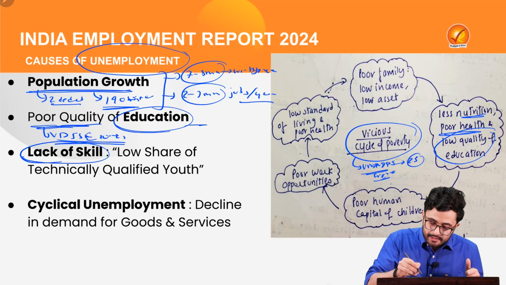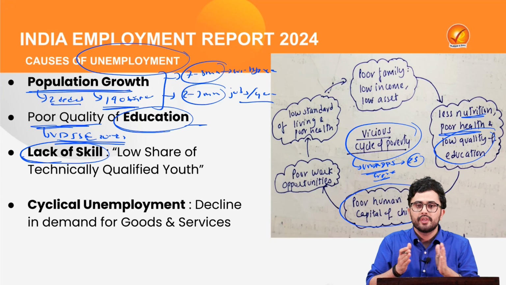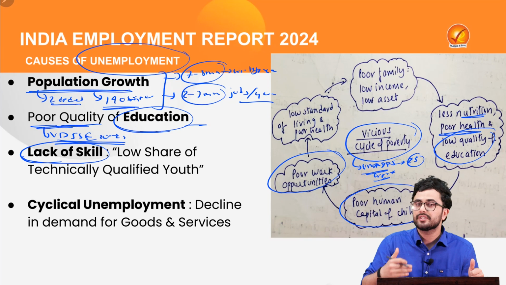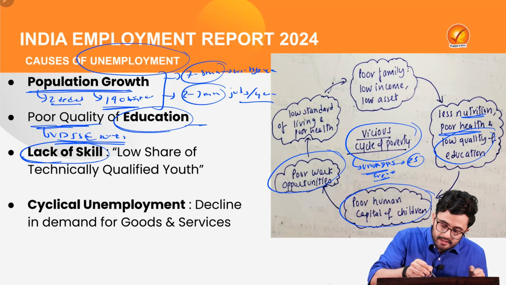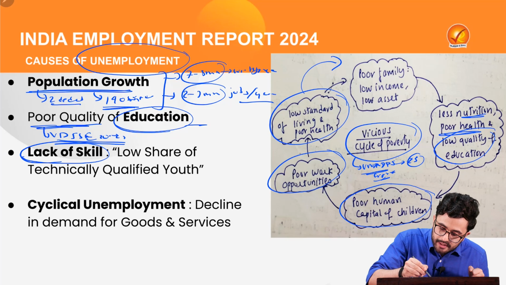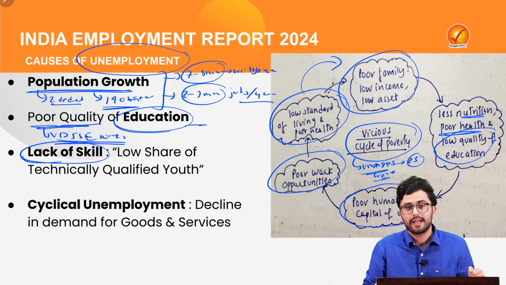Then they develop a poor human capital, which eventually leads to poor work opportunities for their future, and thus they live a low standard of life, which again leads to low income and low assets.